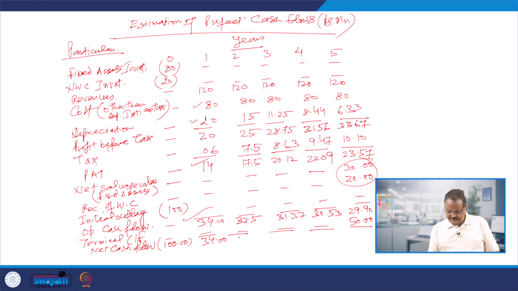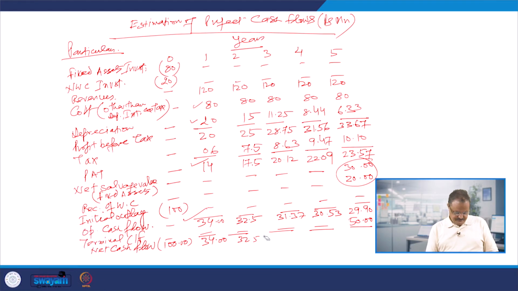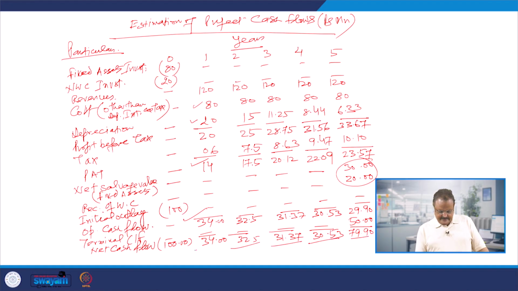And this is 32.5, then 31.37, then 30.53. And then we work out 50 plus 29.90, which is going to be 79.90. This is finally your net cash flow.